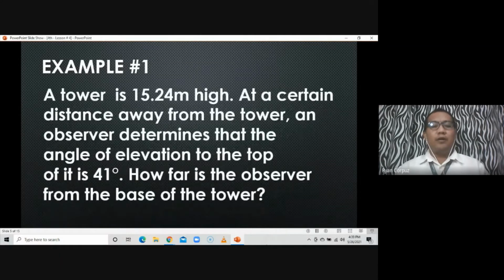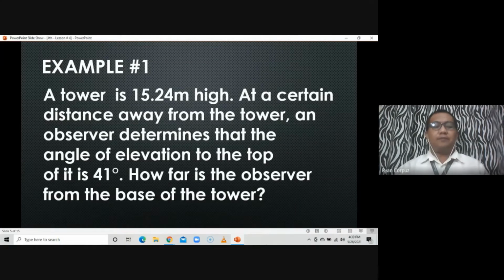A tower is 15.24 meters high. At a certain distance away from the tower, an observer determines that the angle of elevation to the top of it is 41 degrees. How far is the observer from the base of the tower?